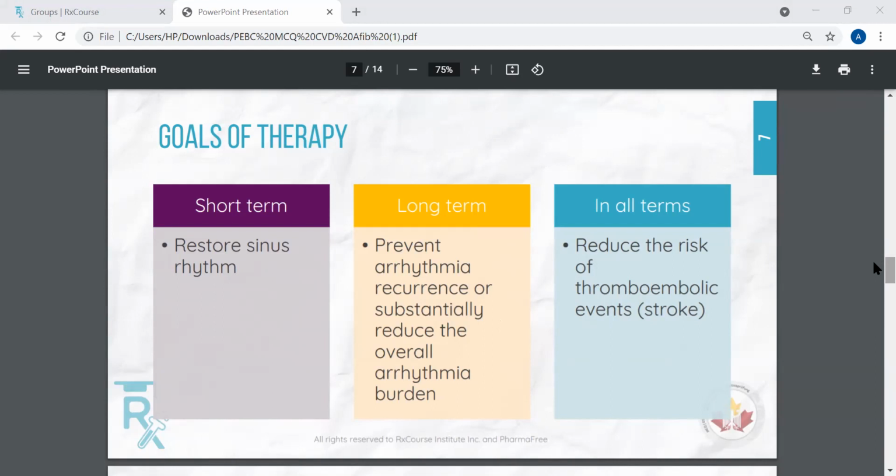Thank you. Good. So, why will the patient who has atrial fibrillation have a high risk of thromboembolic events? Because of the abnormal sinus rhythm. So, the patient would be more disposed to clots.